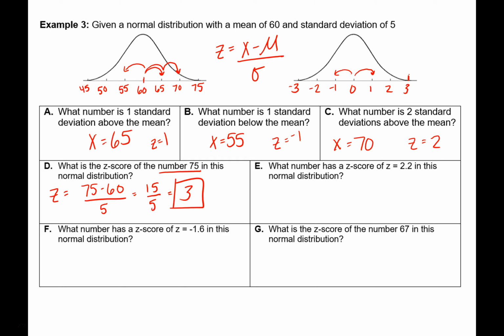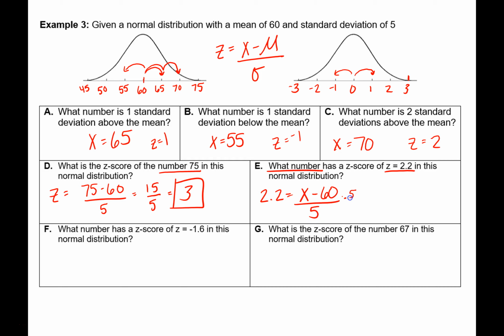What number has a z-score of z is equal to 2.2 in this normal distribution? So this time, I'm told what z is equal to. I'm asked what number. I don't know what x is. So I'm going to plug in the information that I have. I still know the mean, and I still know the standard deviation. And I'm going to use Algebra 1 to solve this.